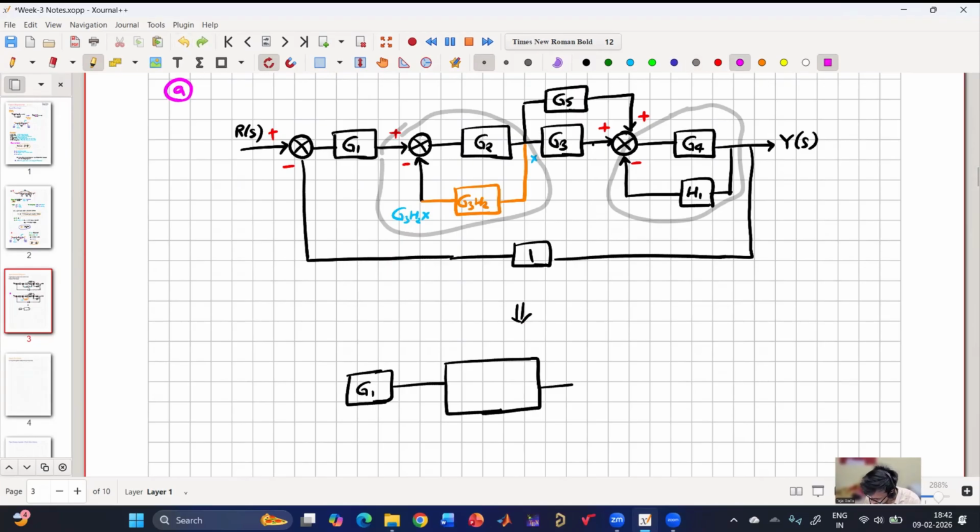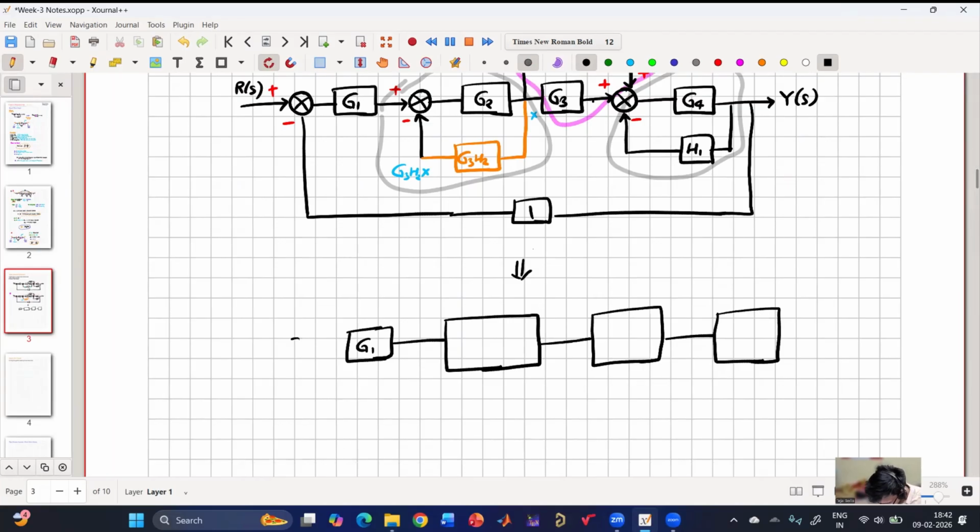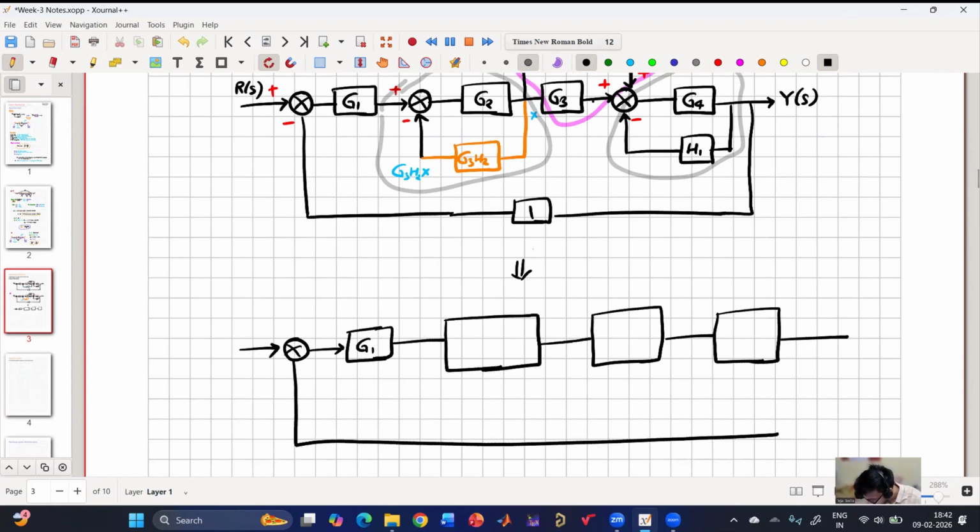So this also can be added. This block will be added, and then this block will be added, and then R of S. And then there is unity gain, Y of S, so the gain is 1.